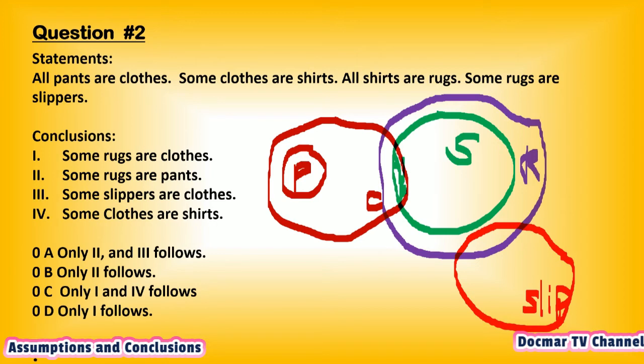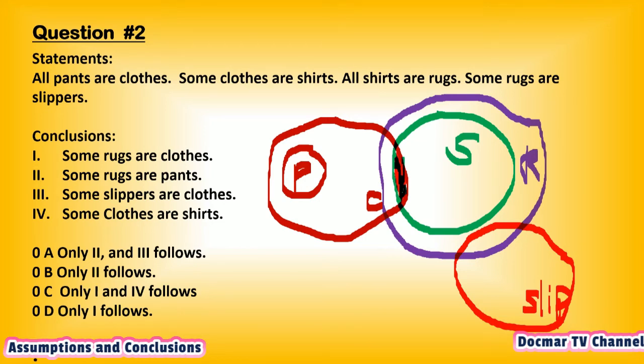Let me repeat. All pants are clothes. Check. So this P is inside the big circle which is clothes. Some clothes are shirts, meaning they have an intersection with the shirt.